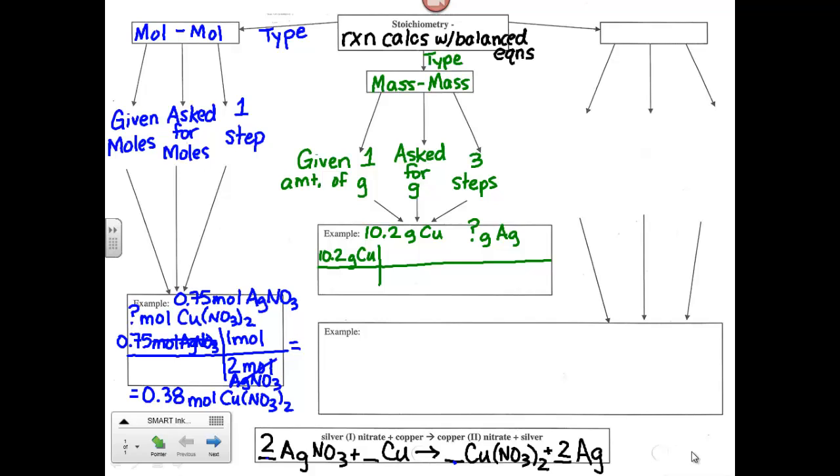The grams of copper need to be canceled. So you look up the mass on the periodic table, 63.55 for every 1 mole of copper. And here we've canceled our grams. Now we need to cancel moles of copper, so we look at our equation. There's 1 mole of copper in the equation. We're looking for silver. There's 2 moles of silver in the equation.